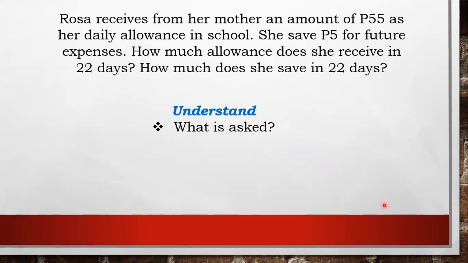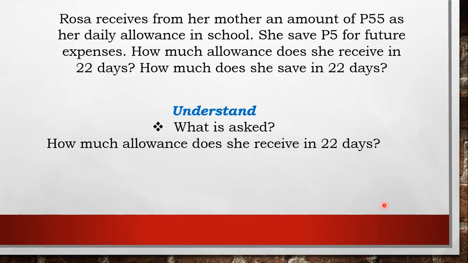How much allowance does she receive in 22 days? How much does she save in 22 days? Now, let's take the first step in solving a word problem, that is to understand. Let's find out what is asked in the problem. So what do you think is being asked in the problem?